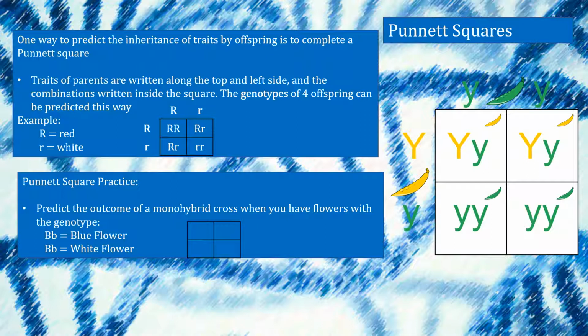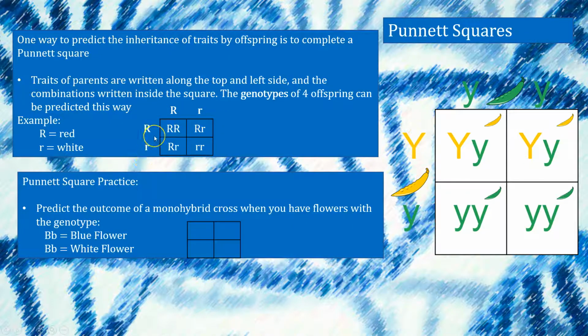In this example, we were comparing red flowers and white flowers. A parent with a red flower, red being the dominant trait, is represented by the capital R. White is a recessive trait, so we represent it with a lowercase r. In this example, we have 2 heterozygous parents.